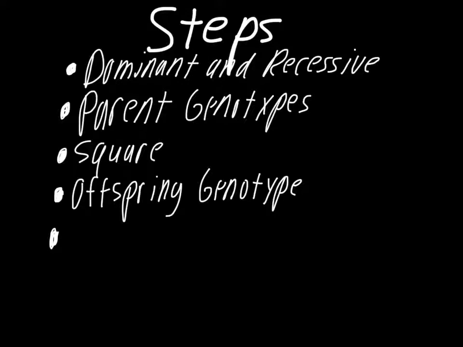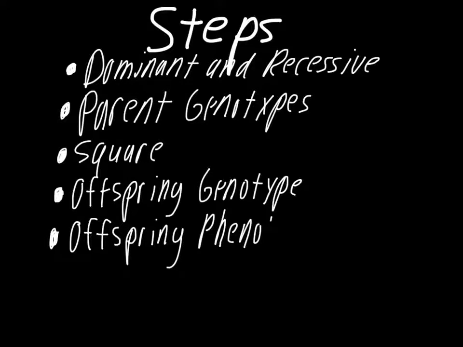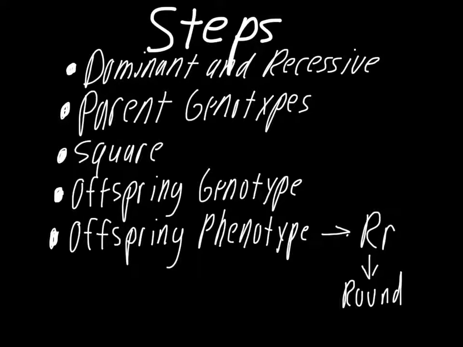And then the final thing is the offspring phenotype. This is going to be what that genotype represents. So in the last problem, the offspring genotype was capital R, lowercase r, and you had to figure out what that looks like. So in this case, that's going to be a round plant for us.